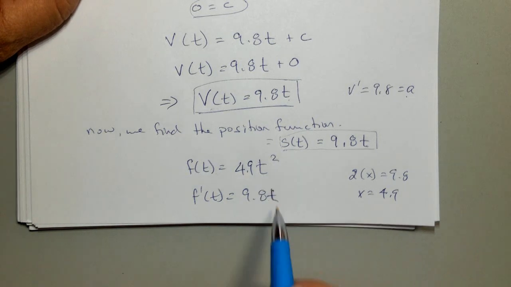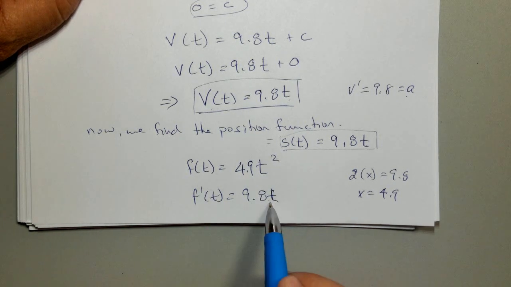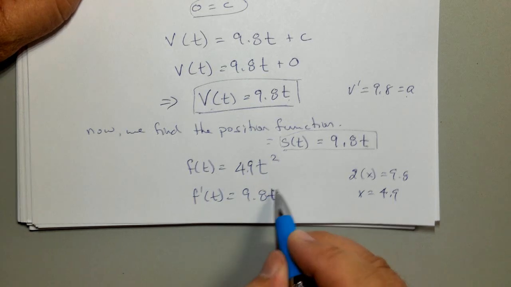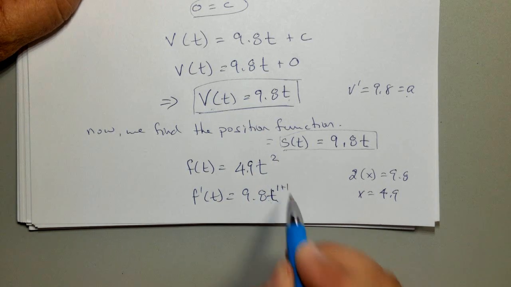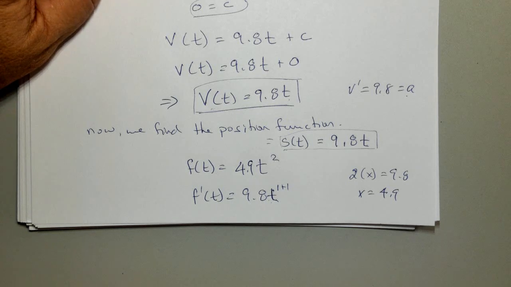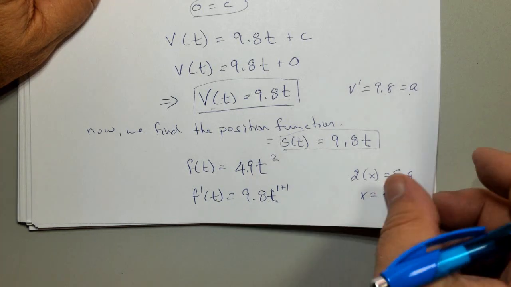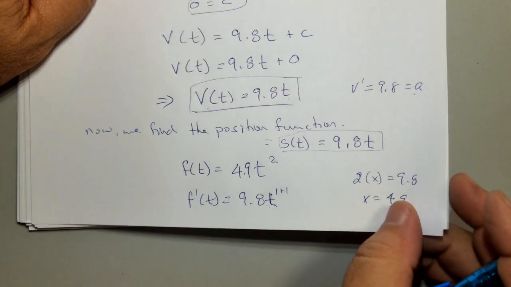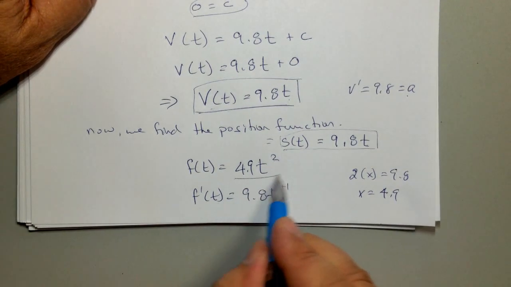Since we know that after the first derivative, the t has to be by itself, it has to have a 2 originally. It has a 1 right now. We have to add 1 to it. Remember, the derivative is you subtract 1 from the exponent. All right, so now we know we have to use this.